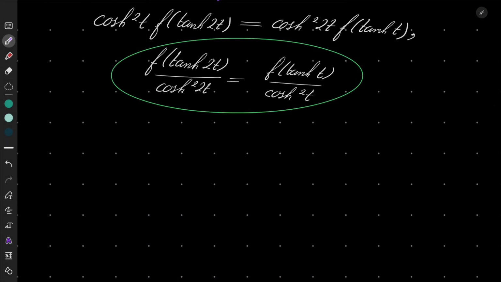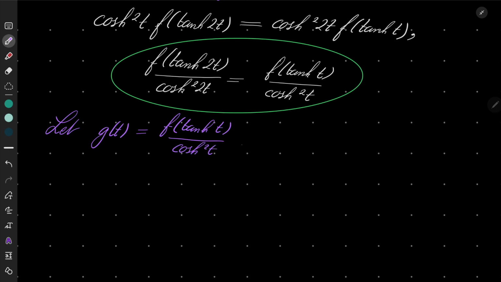So let's say g of t equals f of hyperbolic tangent t over hyperbolic cosine squared of t, for real numbers t.